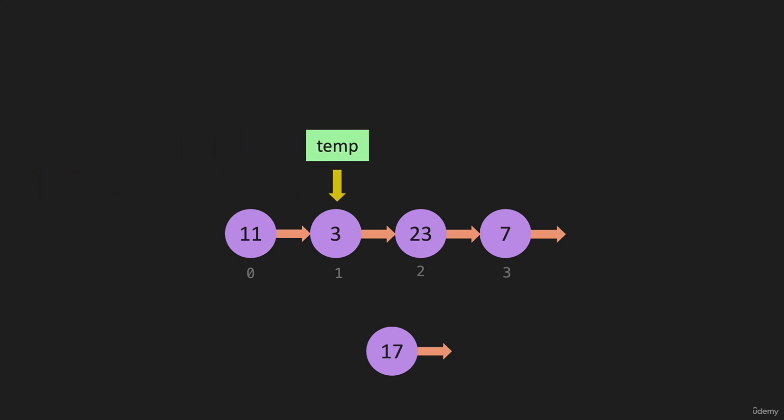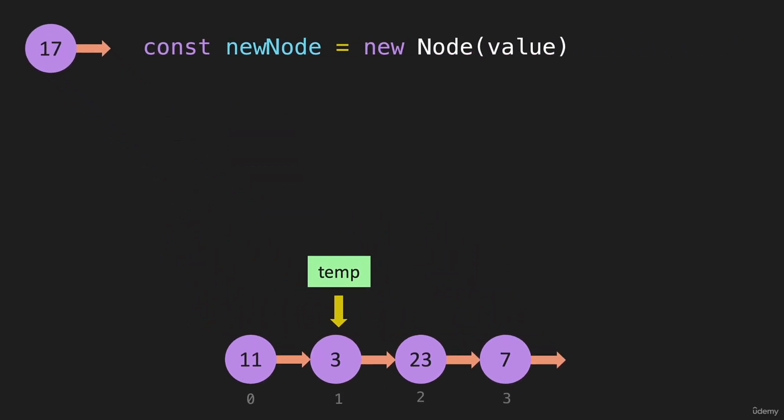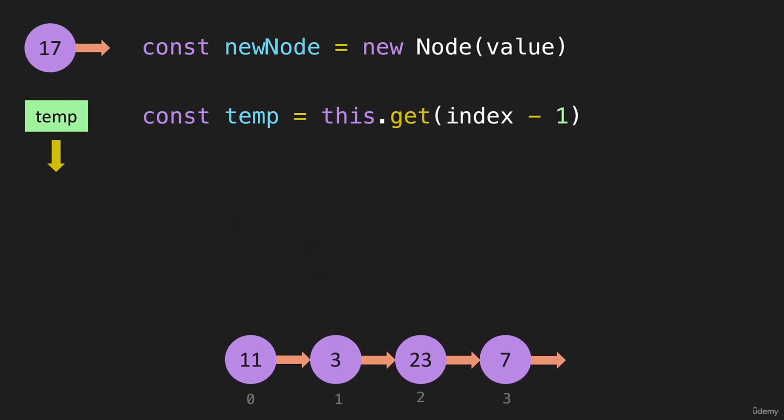And we're going to bring this to the spot that is one spot before where we're going to insert this. So let's look at the code to create these 2 items. That's our new node there. And then temp, we're going to say that temp is this.get of the index where we're going to insert this minus 1. So it's going to be the previous spot.